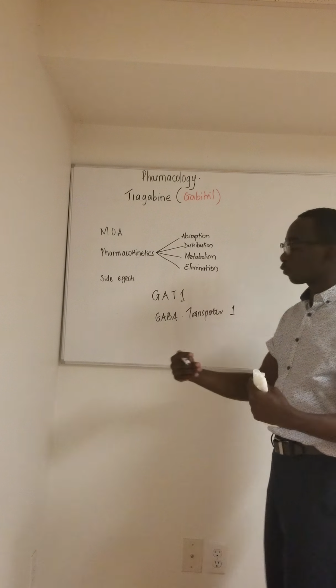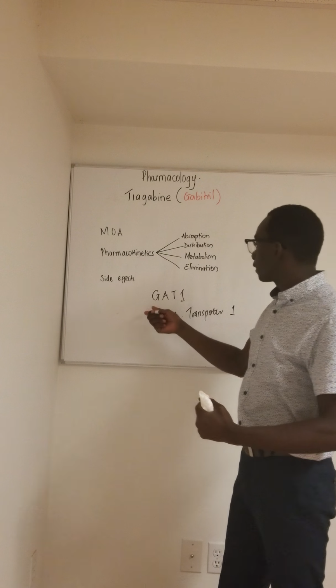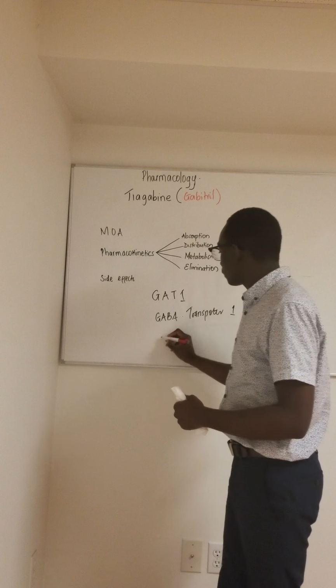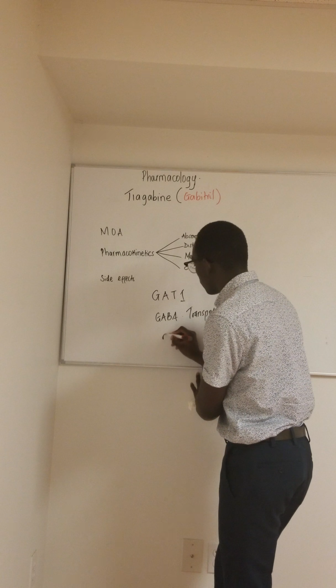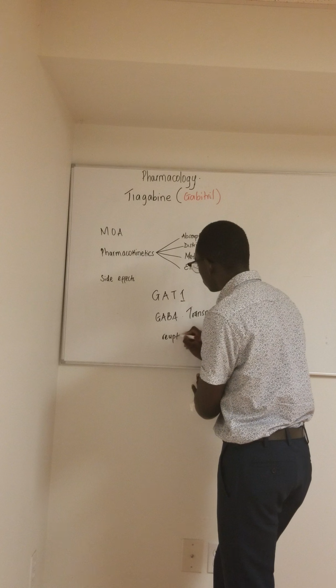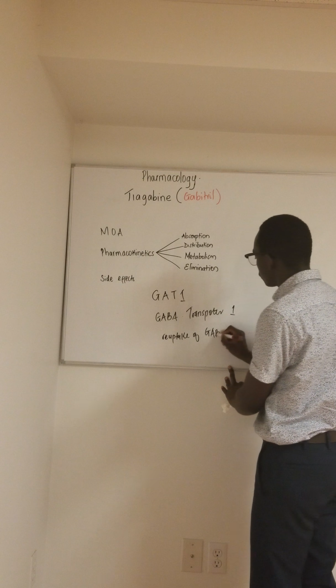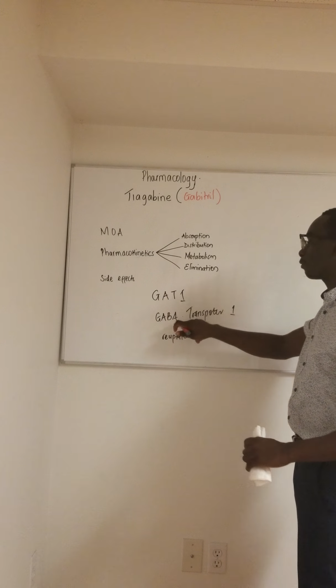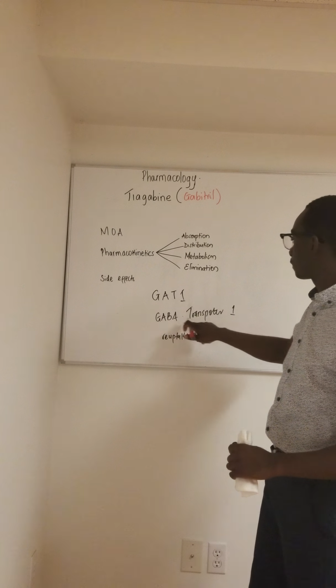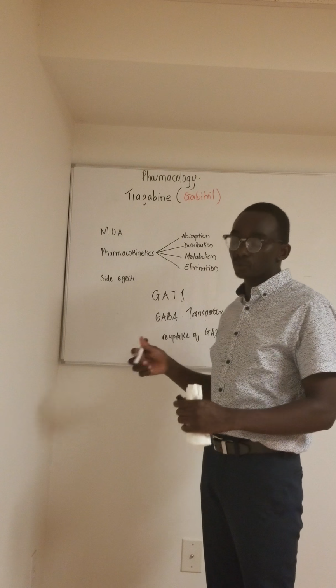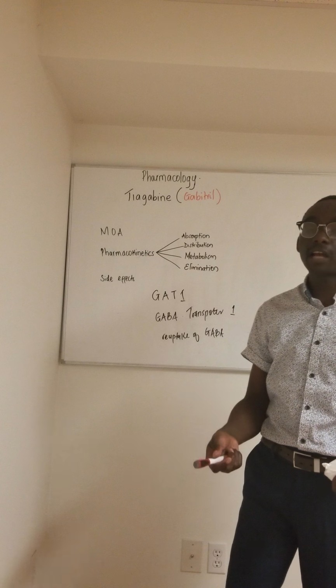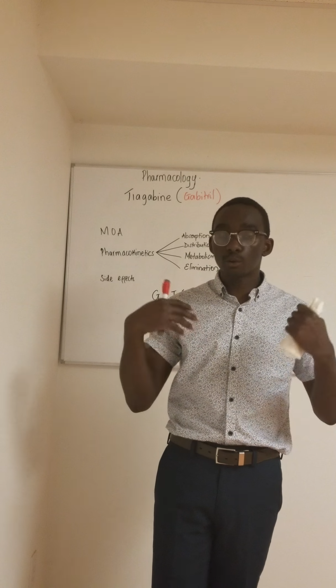So it blocks the reuptake of GABA through this transporter, the GAT1. Therefore, when the reuptake of GABA is blocked, we are going to see more of the GABA effect on the synapse.